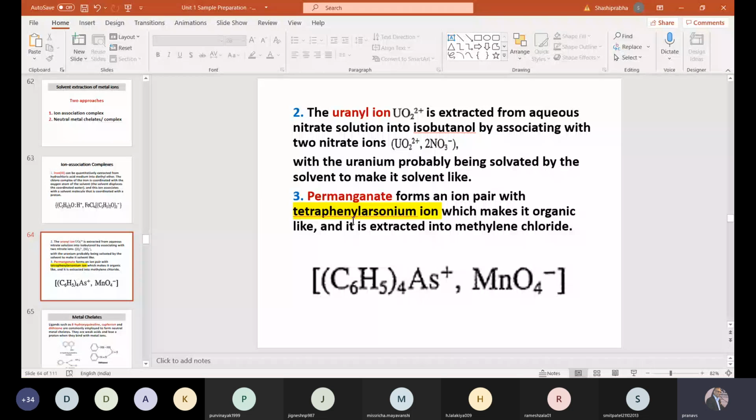And the other very important example, which I have not mentioned here, but I can recall, is crown ethers. Crown ethers are basically neutral organic molecules, and they don't have any specific functional group.